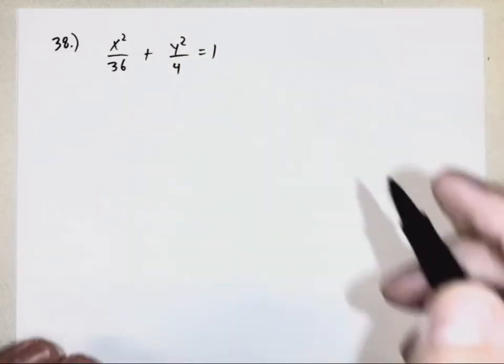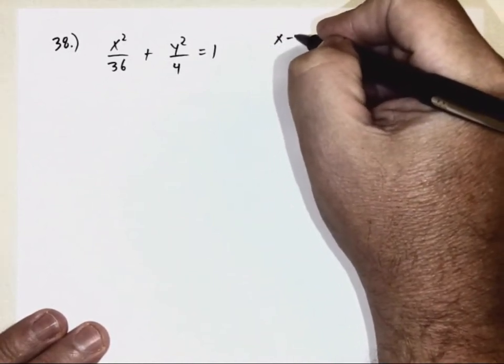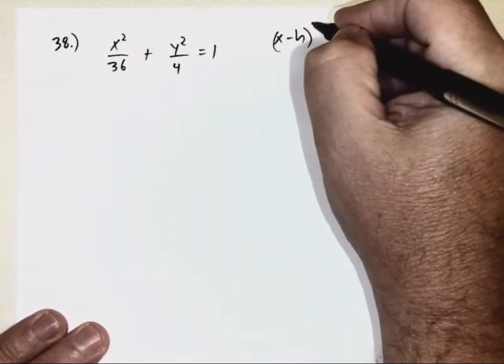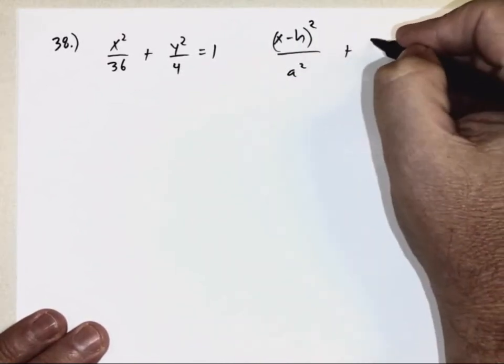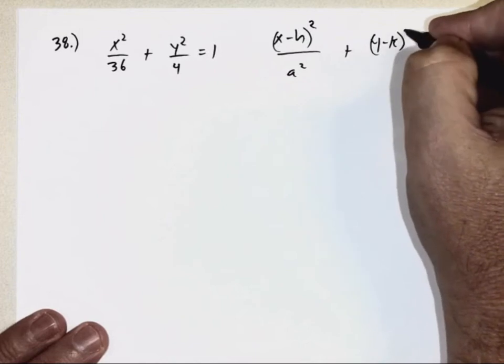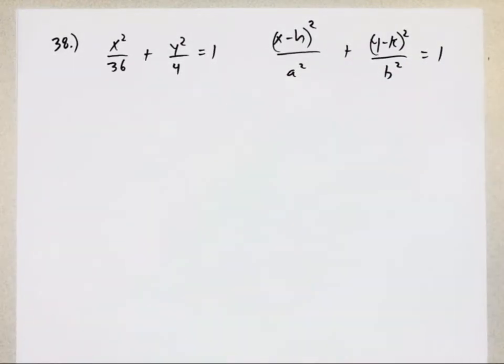Now, if you remember, the equation for an ellipse is x minus h squared over a squared plus y minus k squared over b squared equals 1.